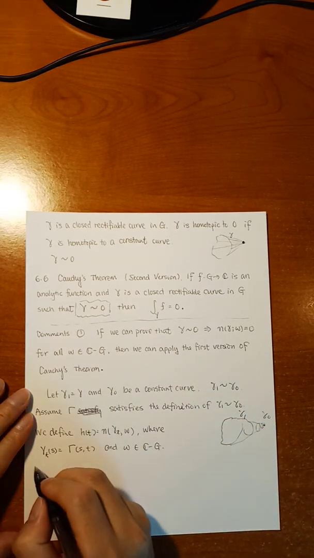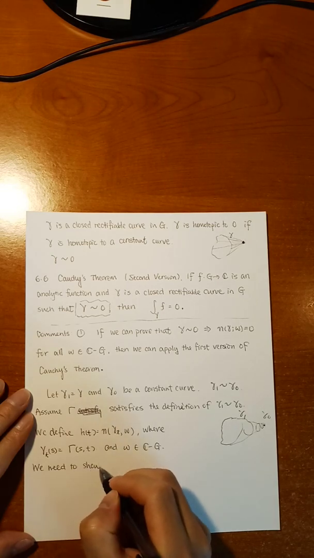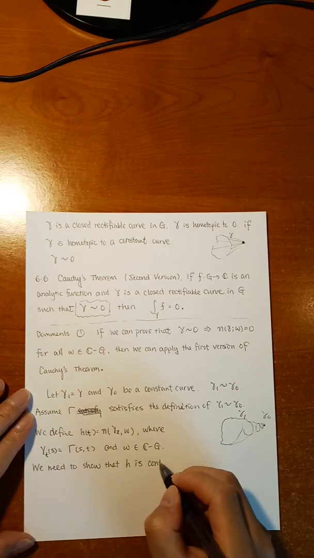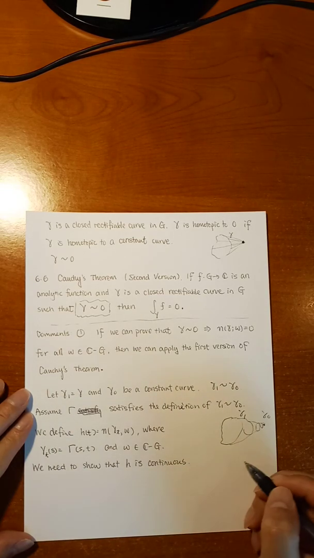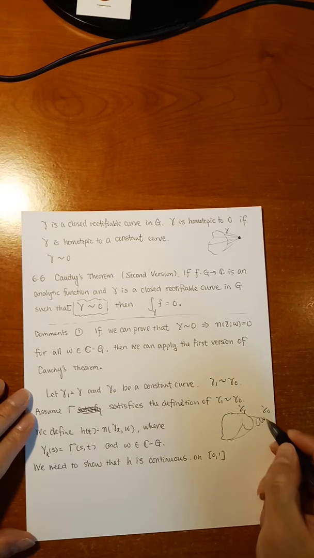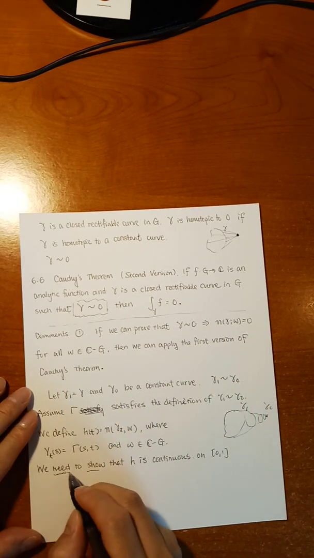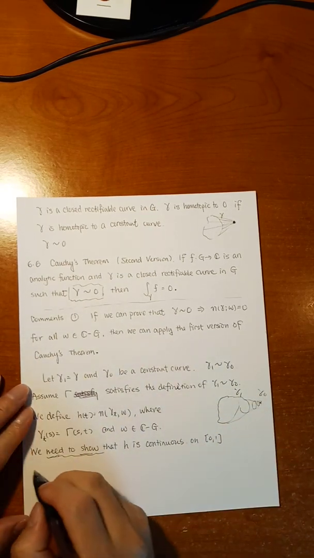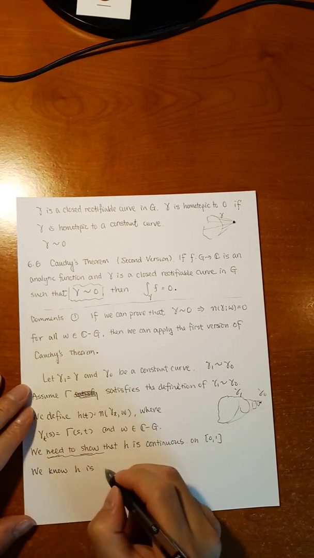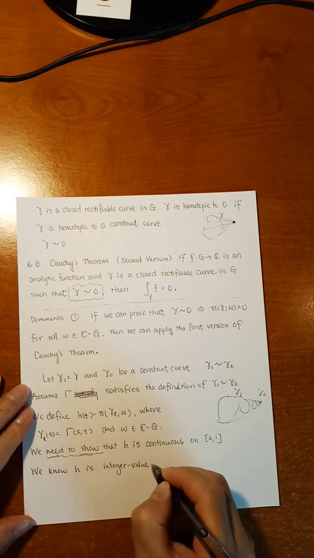Okay, so we need to show that h is continuous on 0 to 1. Well, this one requires a proof. After that, we know h is integer valued, because it represents winding numbers. Winding numbers are always integers.